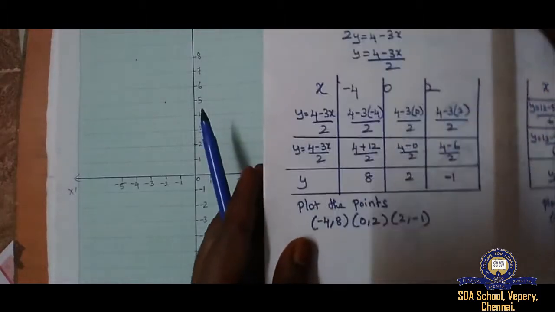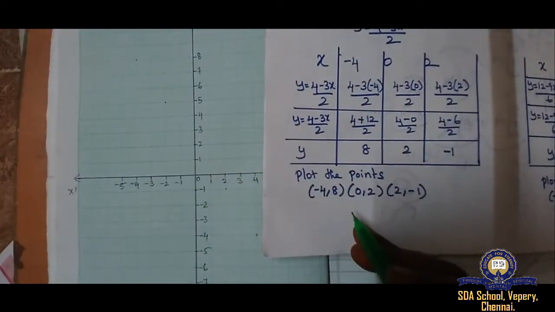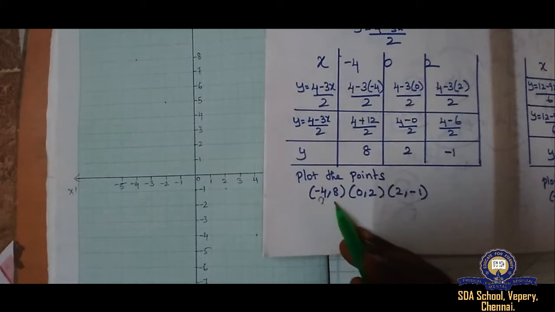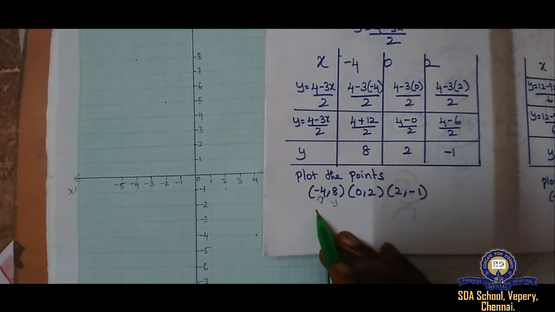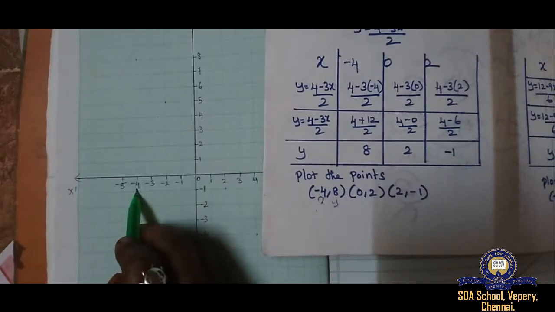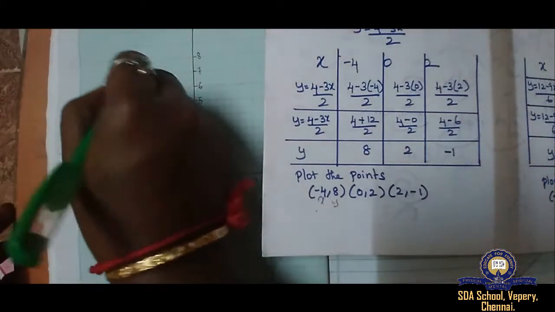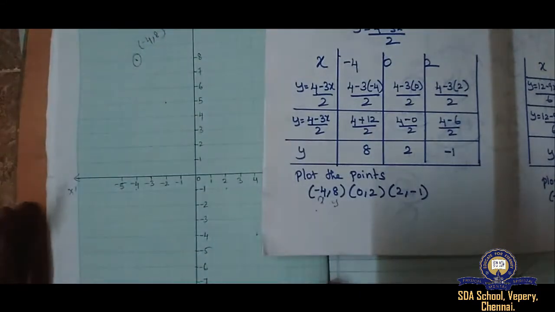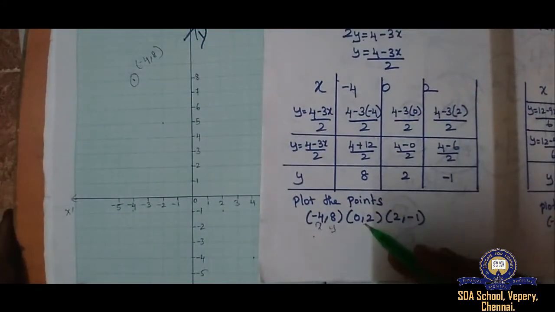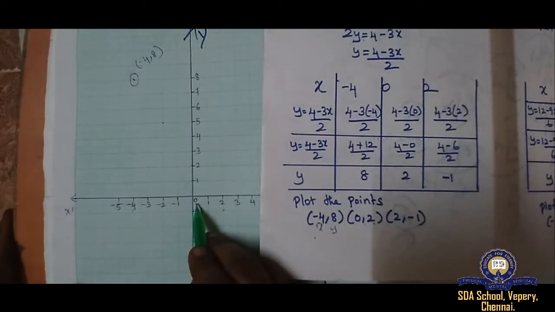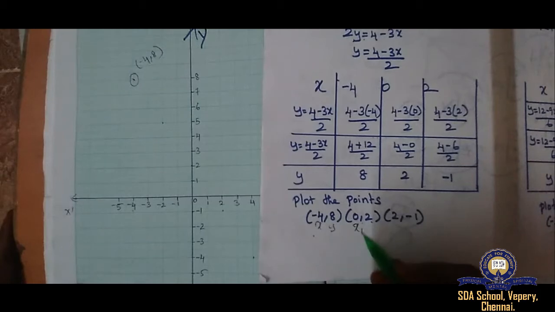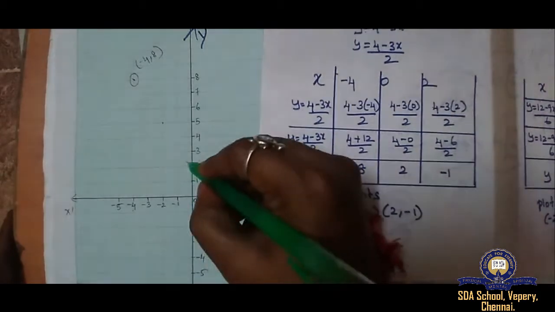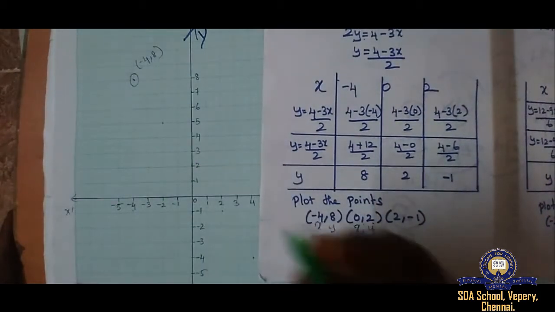First set of points is minus 4 comma 8. This is x, this is y. X is minus 4. In the x-axis, minus 4 is here. Where is 8? 8 is upward. So you can write it as minus 4 comma 8. Next, 0 comma 2. 0 is on the x-axis, 2 is on the y-axis. x comma y, so 0 comma 2.